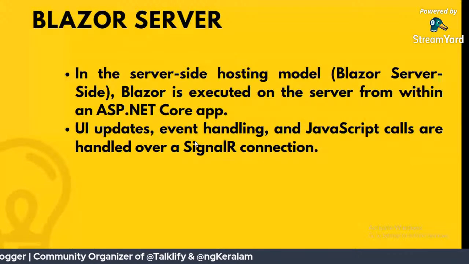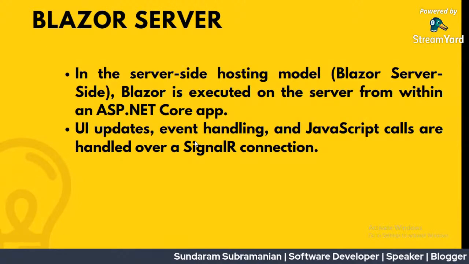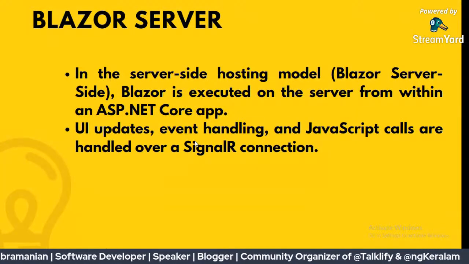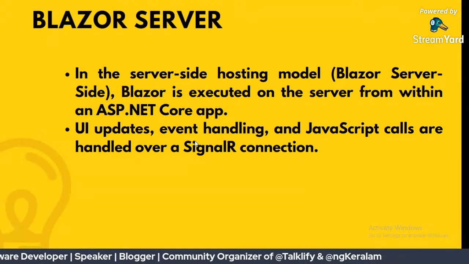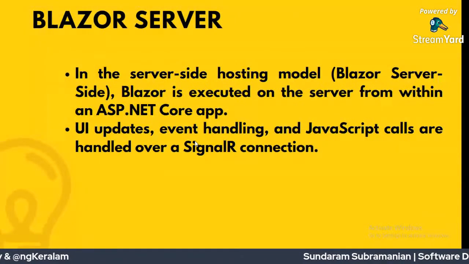So I will summarize the things. In the server side hosting model, that is Blazor Server, Blazor is executed on the server from within an ASP.NET Core application. UI updates, event handling and JavaScript calls are handled over a SignalR connection.